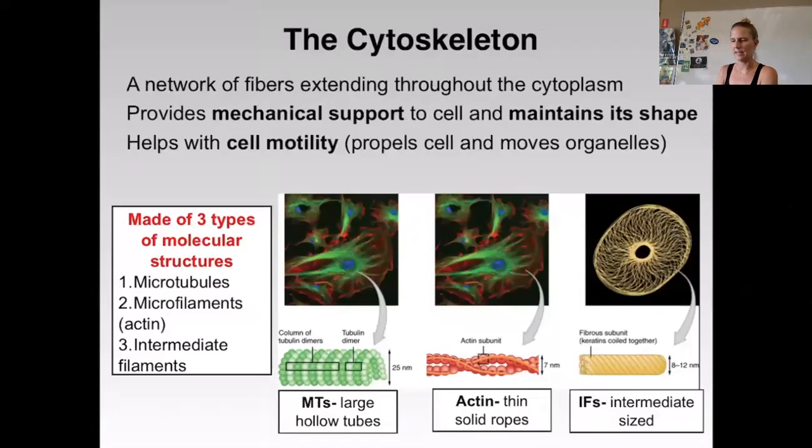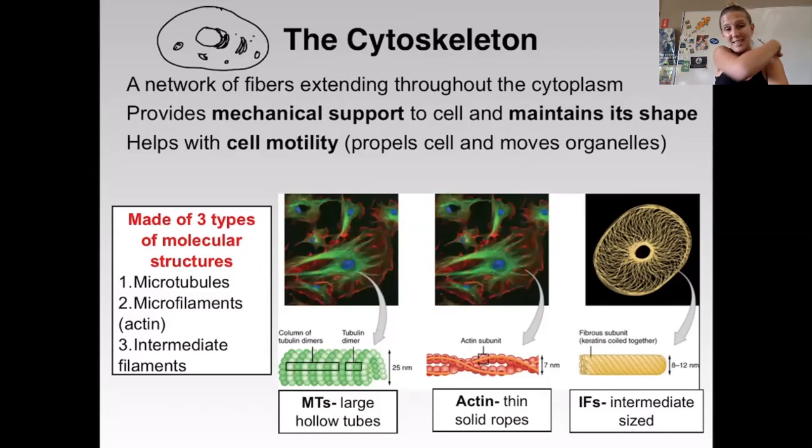All right, the cytoskeleton. This is one of my personal favorites. What it is, it's a network of fibers that are throughout the cell. And these guys provide mechanical support and help maintain the shape of a cell. So for example, if we have a cell with its nucleus, and we have its ER, and we have its Golgi, and we have some mitochondria, we have some lysosomes, we have some vacuoles, etc. We have some vesicles.